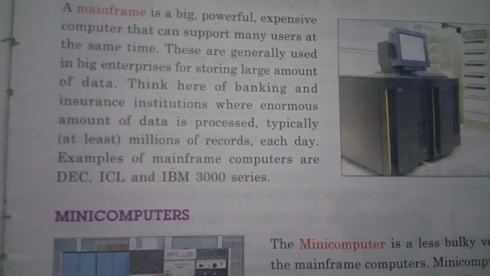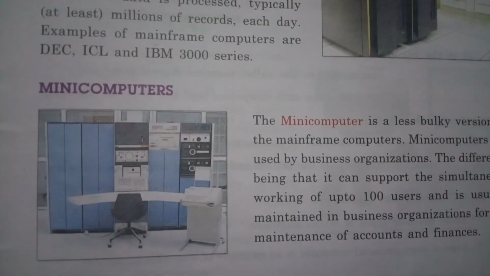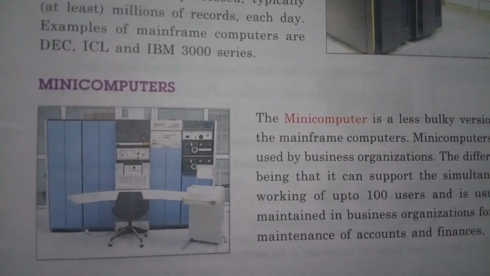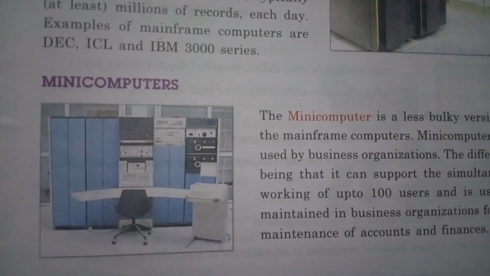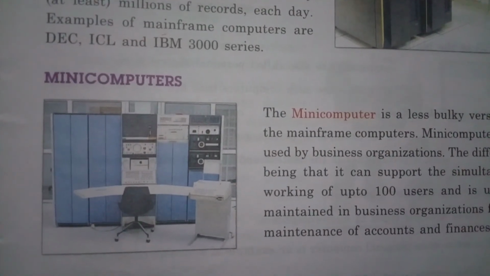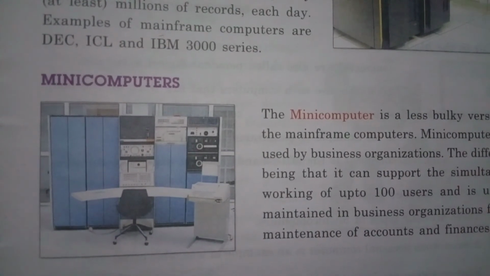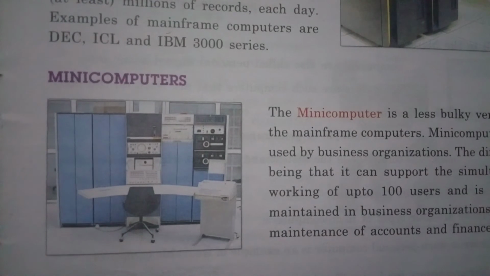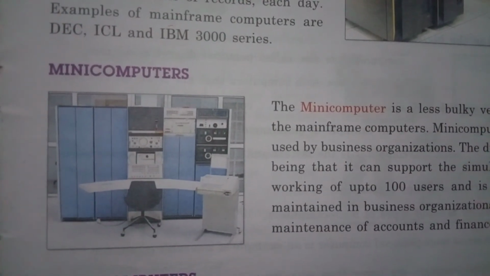Next is minicomputers. Minicomputers are smaller than mainframe computers and larger than microcomputers. On them, hundreds of people can work simultaneously, and they are mainly used for the maintenance of accounts and finances.